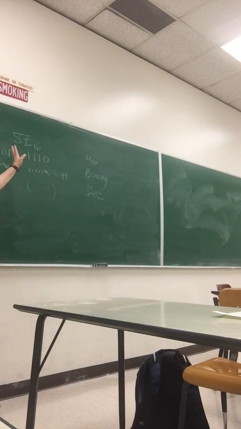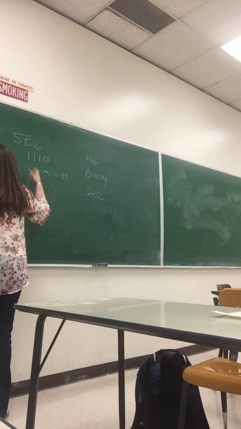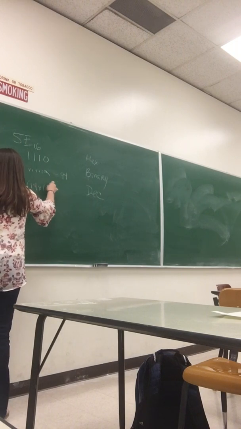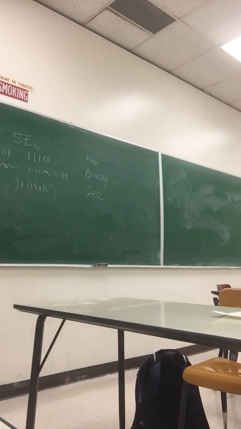So you can write it as E, which we said is 14, times 16 to the 0th, plus 5 times 16 to the first. You already know how to represent it in binary. This is just a secondary way to get it into decimal form.